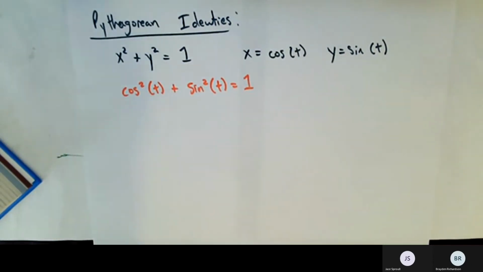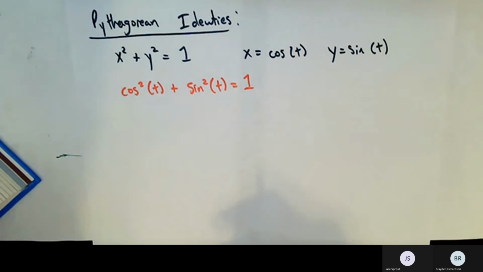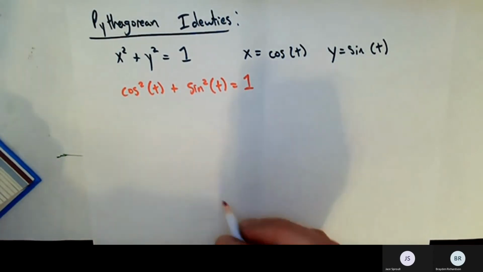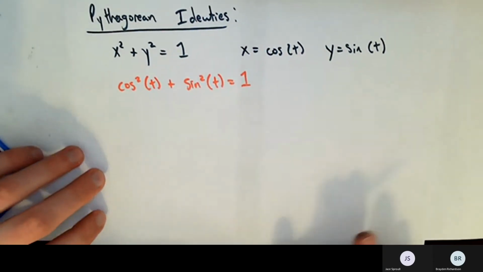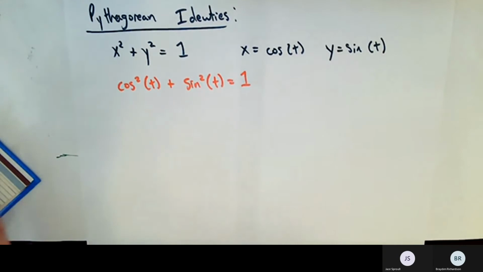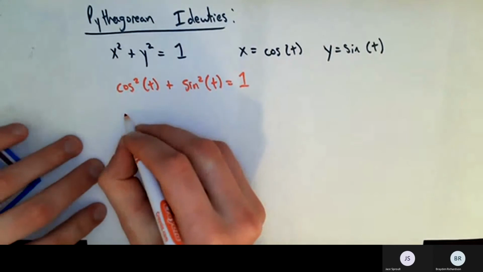This is called the Pythagorean identity. Or rather, it's one of them, but it's the most popular one. So just keep this in mind. There are other versions of it, which we'll talk more about when we get to identities, which I think comes in chapter 7. But I'll go ahead and write them down now.